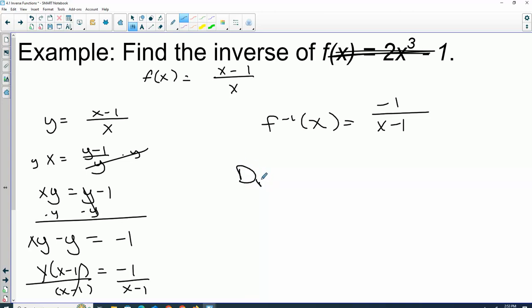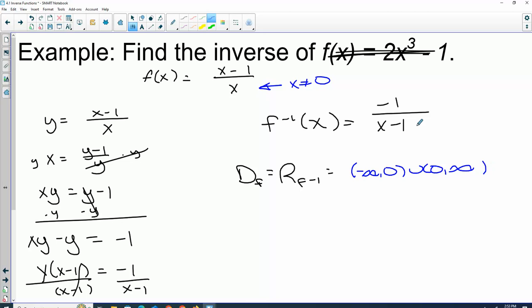Alright, domains and ranges. Let's do that. The domain of the function is equal to what other thing? The range of the inverse. Okay, if I look at my original function, what can x not equal? 0, so negative infinity to 0, union 0 to infinity. The range of the original is the domain of the inverse, so I can just look at my inverse.